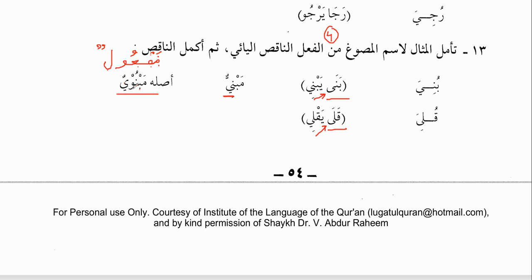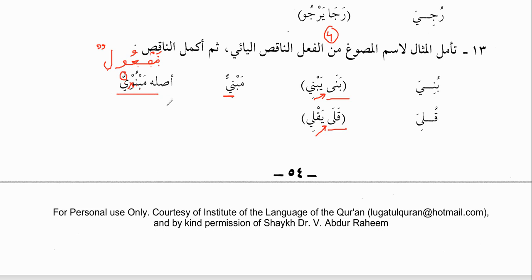What is happening here? One slight change is there. Instead of mabnuyun, it has been made easier and the waw is deleted. And as I said, as soon as the waw is deleted, what happens? The one ya, it is having a damatain here.